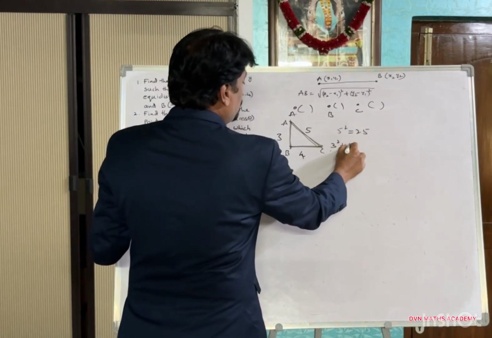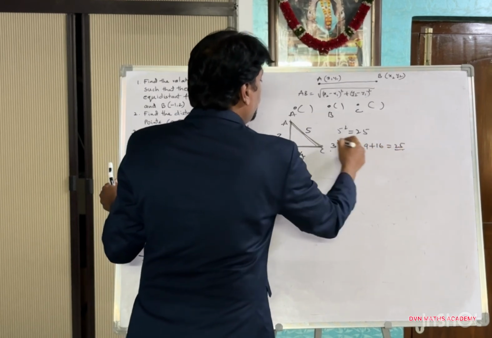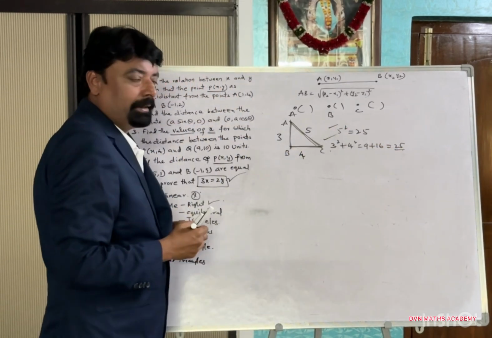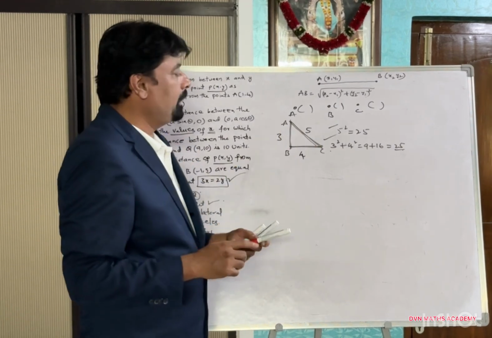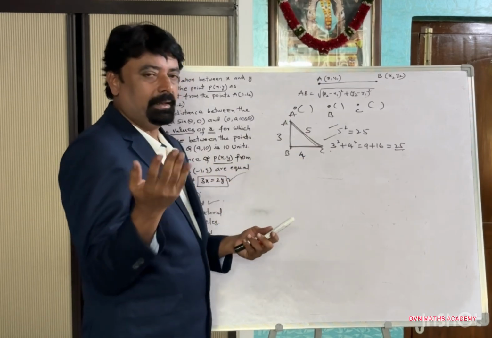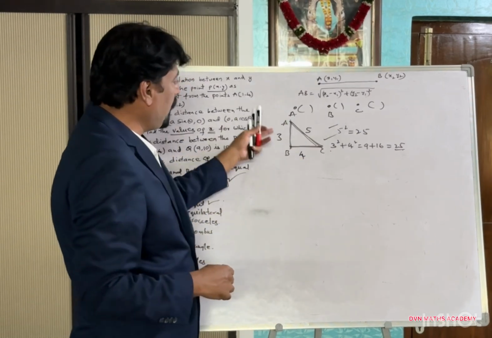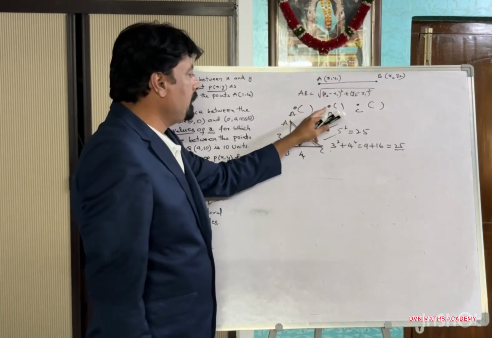Next, 3 squared plus 4 squared becomes 9 plus 16, which is also equal to 25. If it satisfies the Pythagorean theorem, then directly you write this is a right angle triangle. If it is not satisfying the Pythagorean theorem, then you say it is not a right angle triangle. But here also we are using only the distance formula to prove the given 3 vertices are the vertices of a right angle triangle.